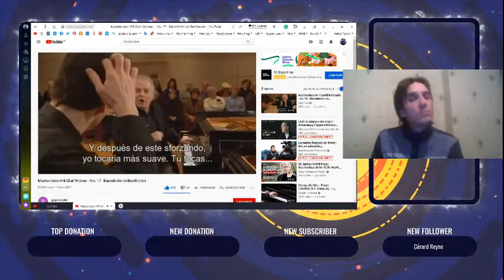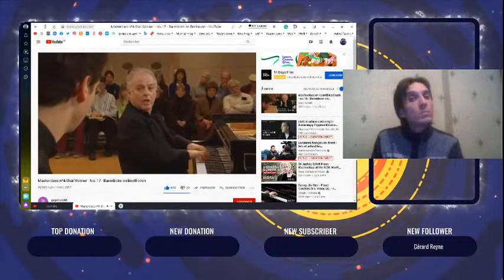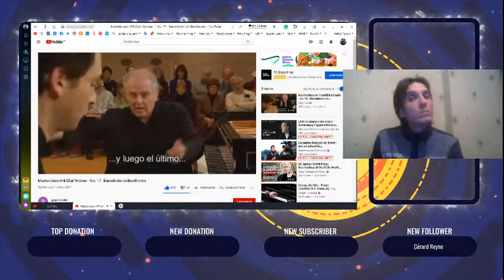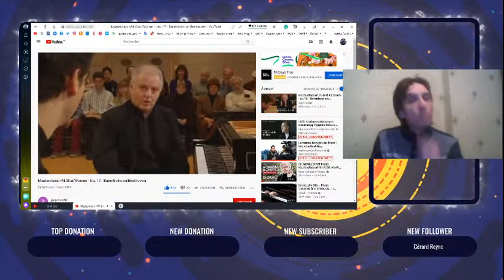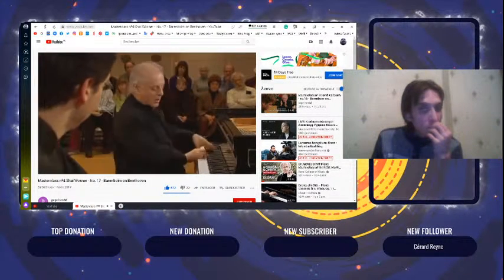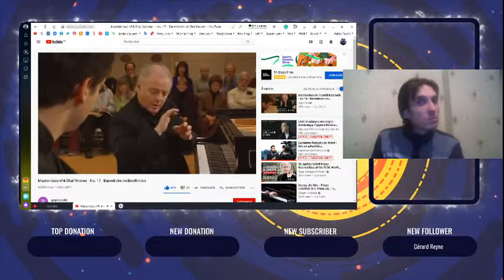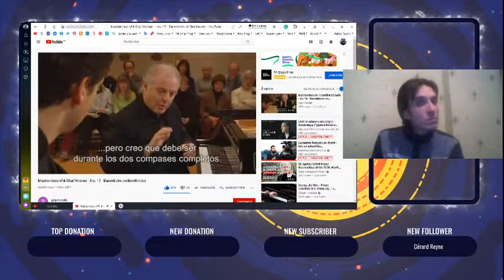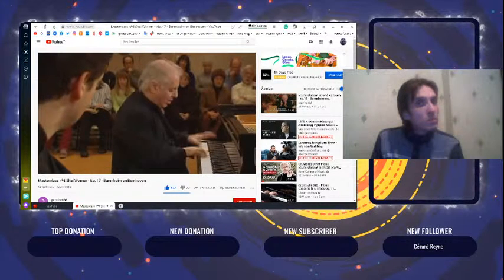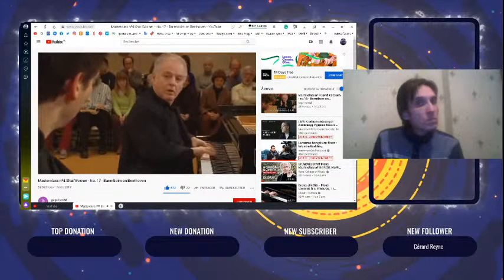And after the sforzando, I will play lighter. And then the last one, you have. I think also when you play this, the need for rubato is understandable, but I think it must be over the whole two bars.